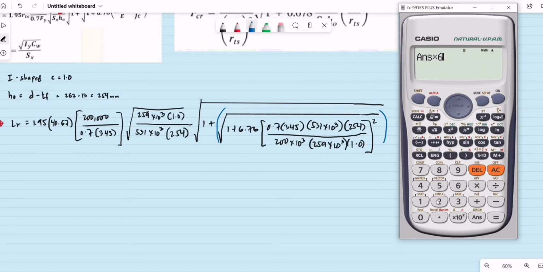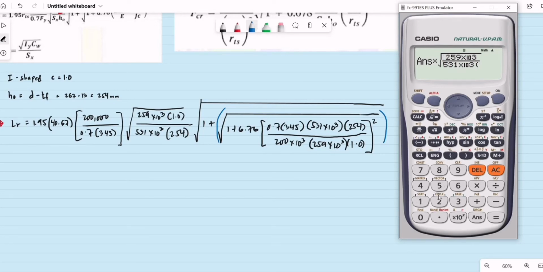Then to be multiplied by 6.76. Then plus 1. Then we are to take the square root. Then plus 1 again. Then square root again. Then we are to multiply this one to the square root of 259 times 10 raised to 3 times C, that is simply 1, to be divided by 531 times 10 raised to 3.